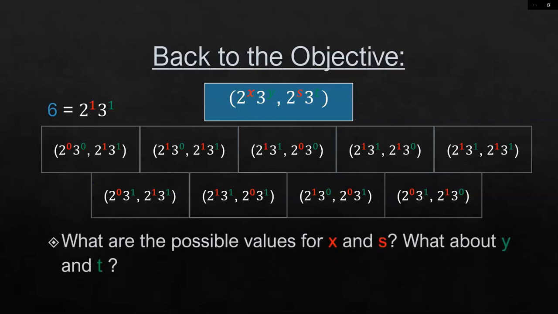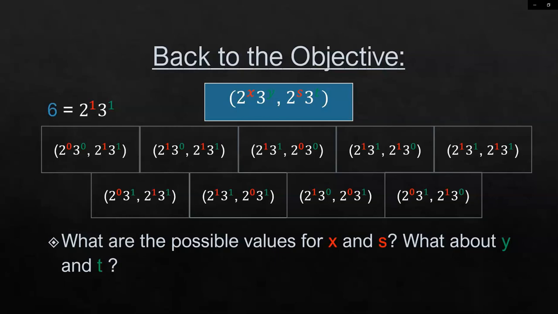So this is the question to you. From what you can observe at this point, what are the possible values for x and s? x and s are the exponents for 2 in those pairs. So what are the possibilities that we have here? Yes, thank you, Abhiti. We only have 0 and 1, if you notice.